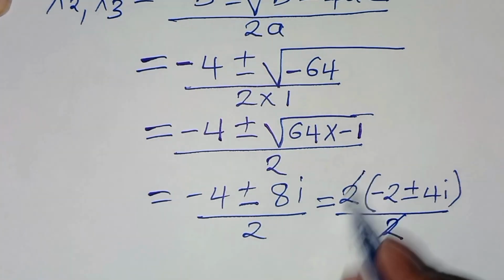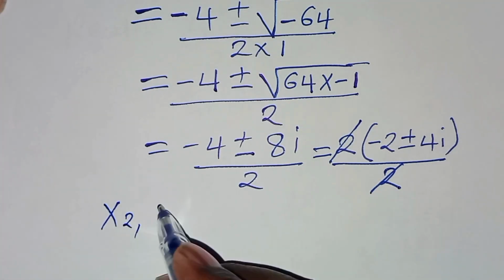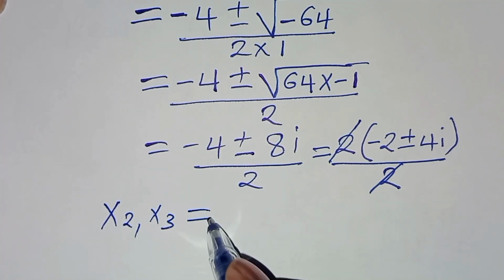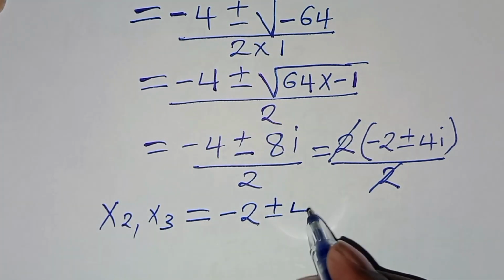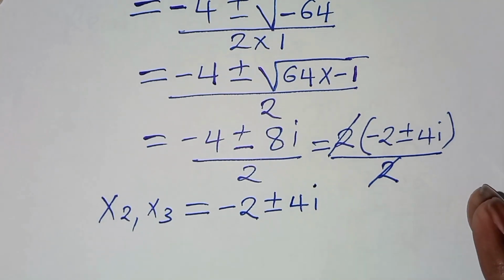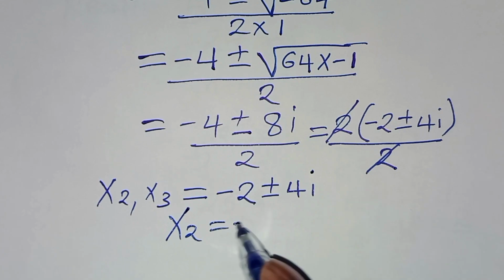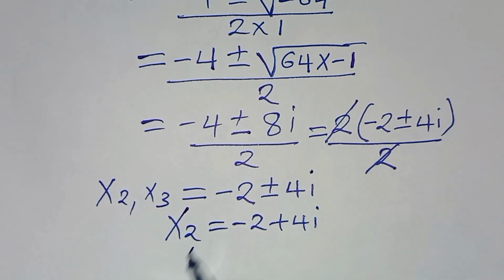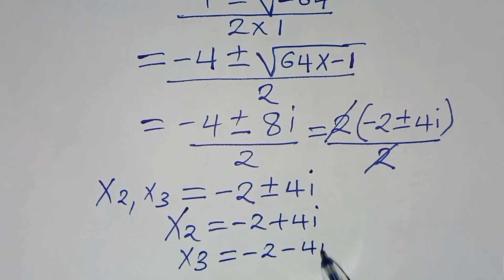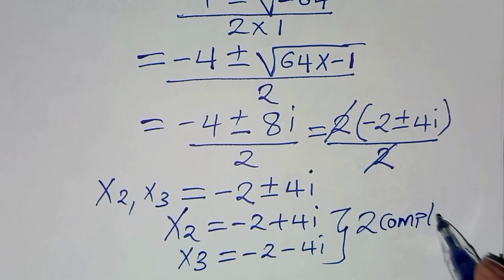Let's simplify, so that now we have x2, x3 equal to negative 2 plus or minus 4i. So x2 is equal to negative 2 plus 4i, and x3 is equal to negative 2 minus 4i.